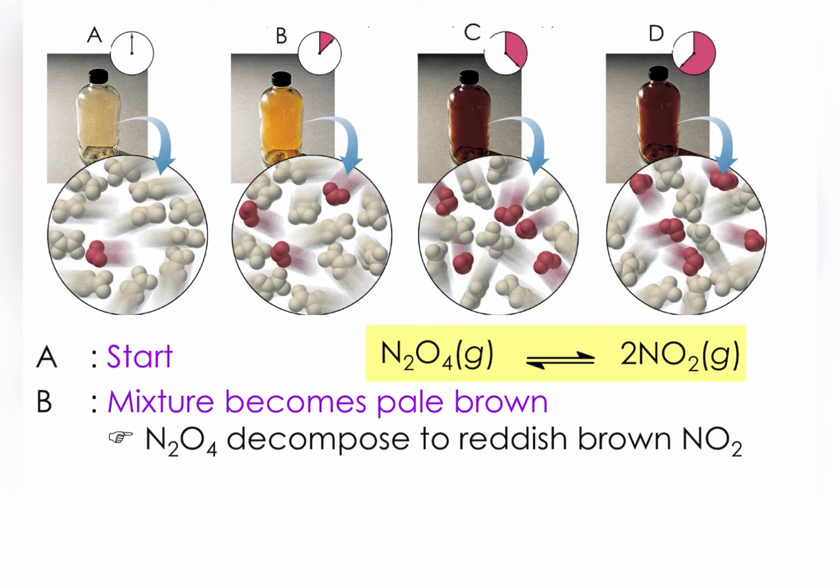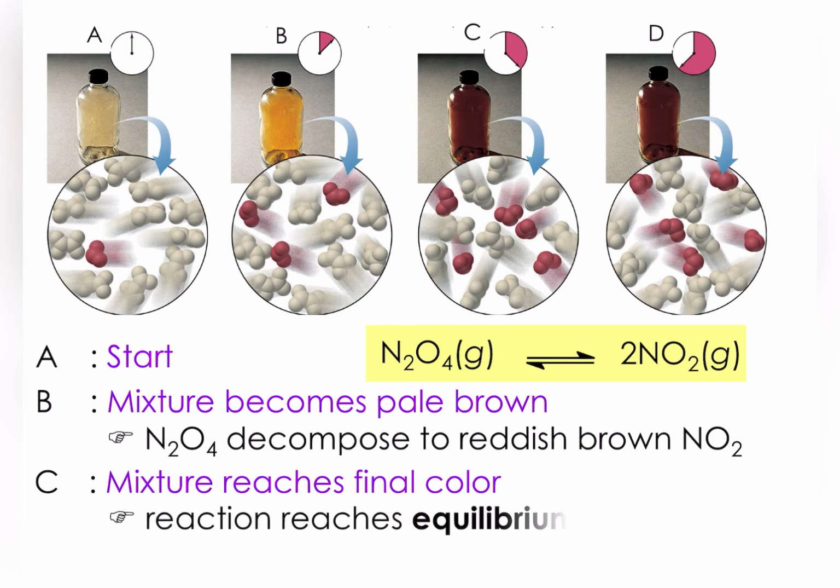Dan reaction at condition C, the mixture reaches the final color, which is dark brown. Just like this diagram, you see the color is dark brown. And what can we say? At this point, the reaction reaches equilibrium. And we can say that at equilibrium, N2O4 molecules decompose as fast as NO2 molecules combine together to form the reactant back.